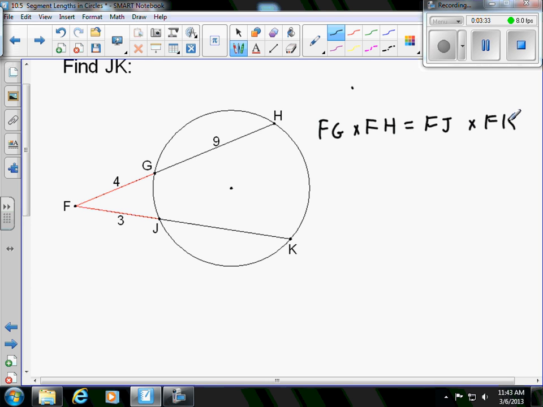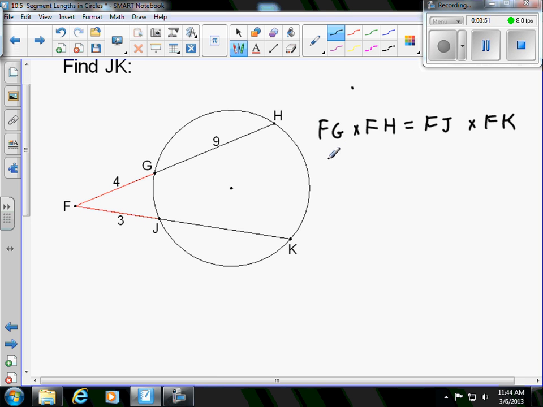All right, so let's start off with that and then see what we can do about finding JK. If we can find the length of FK, we can certainly find the length of JK, because we would just take 3 less than FK, because from F to J, it's 3.